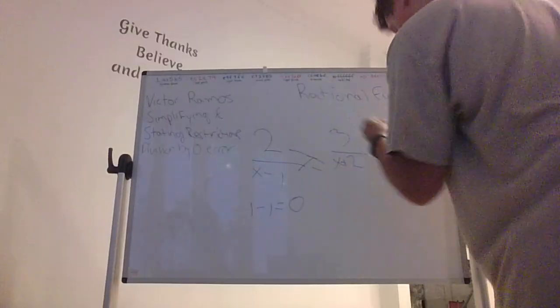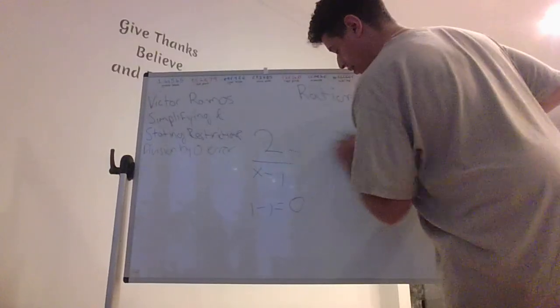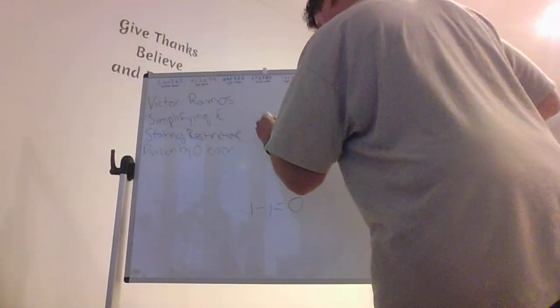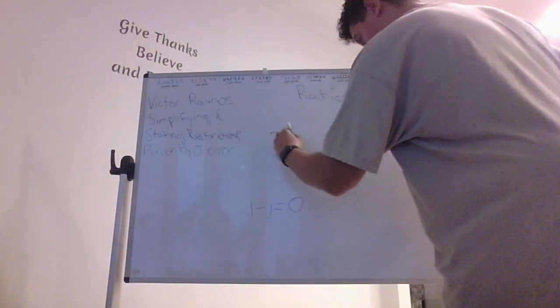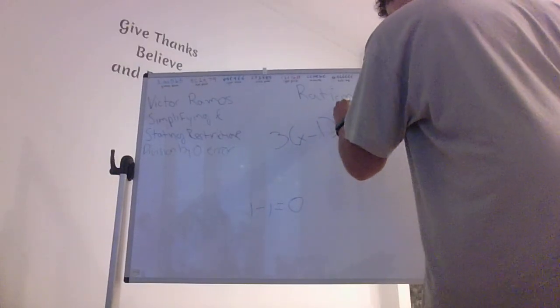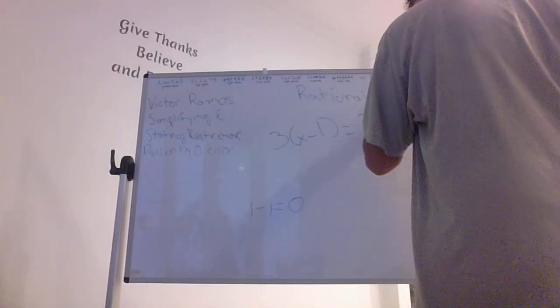So to display this in an easier way, let's do it this way. So we got 3 times x minus 1 and 2 times x plus 2.